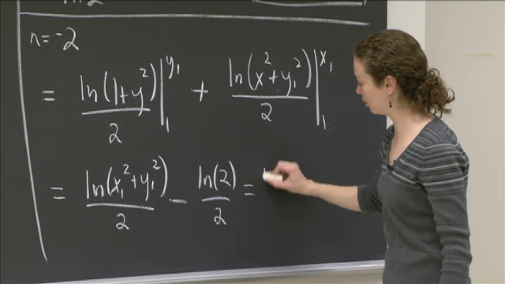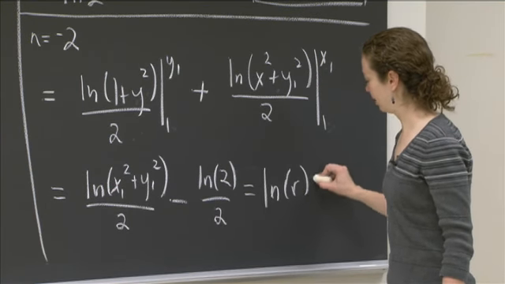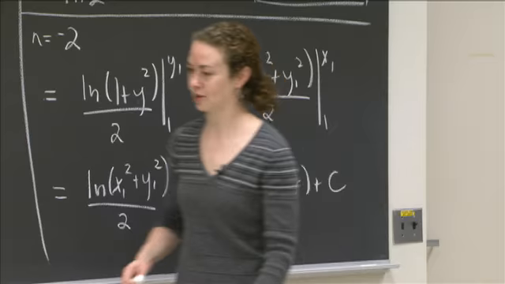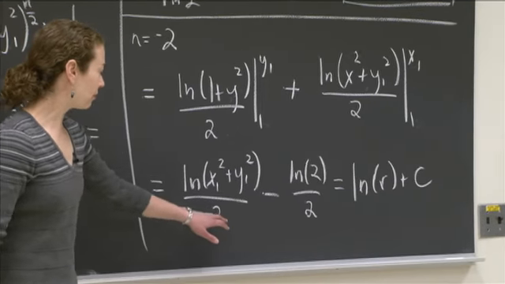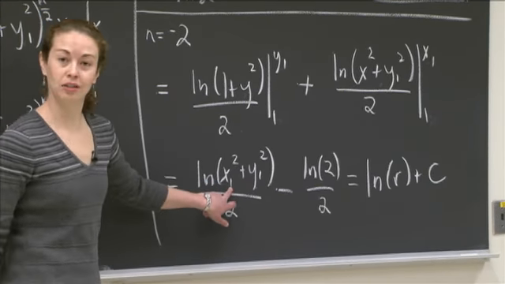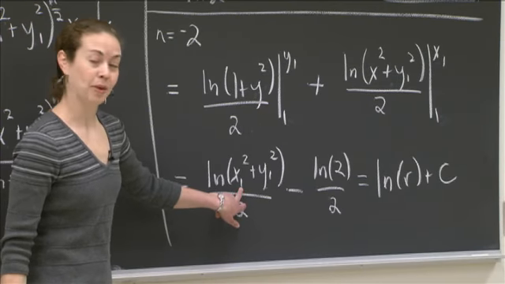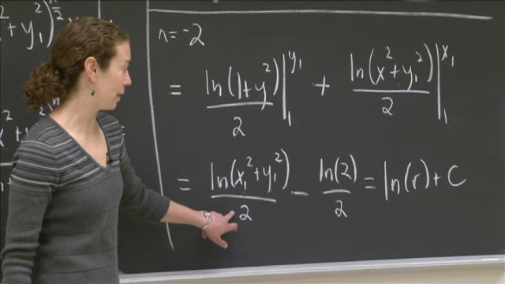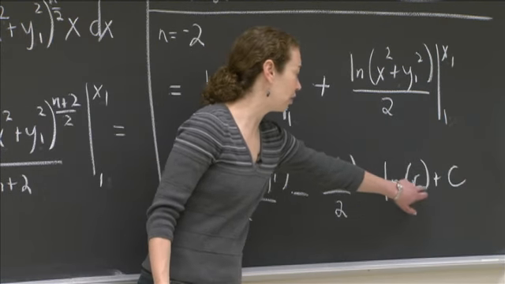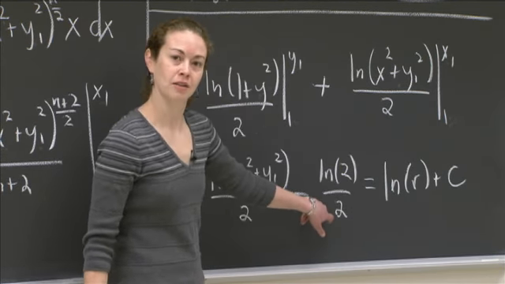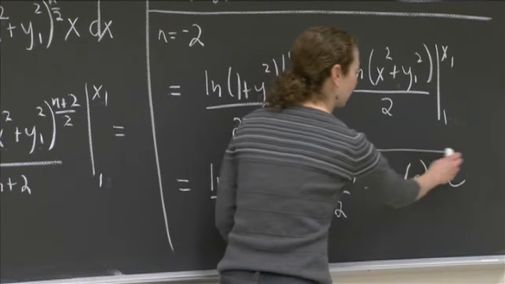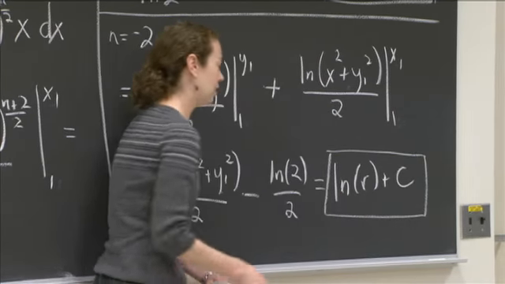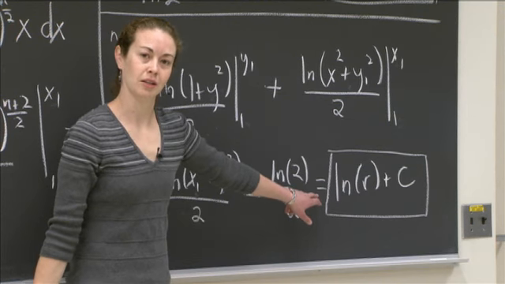This is exactly natural log of r plus a constant. So let me step to the other side so we can see it clearly. This is natural log of r squared, but by log rules, that's really 2 times natural log of r, so it divides by 2, and I'm just left with natural log of r, and this is just a constant. And so my potential function in that case is exactly natural log of r plus a constant.